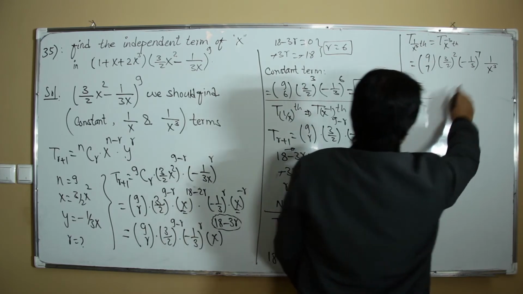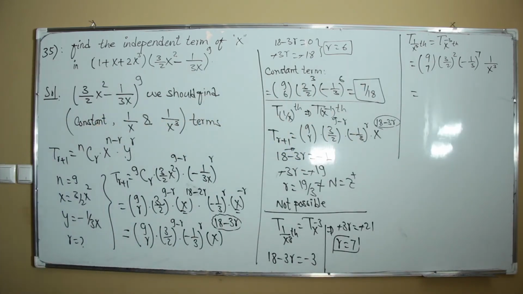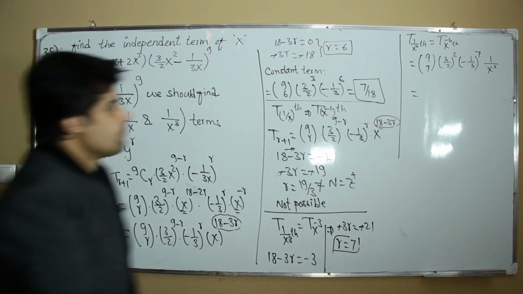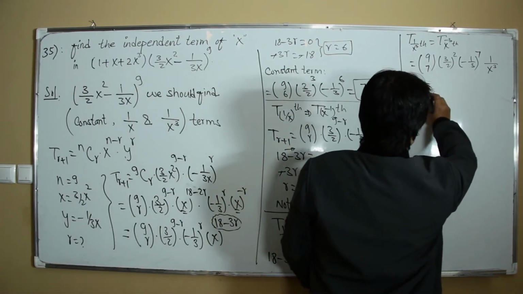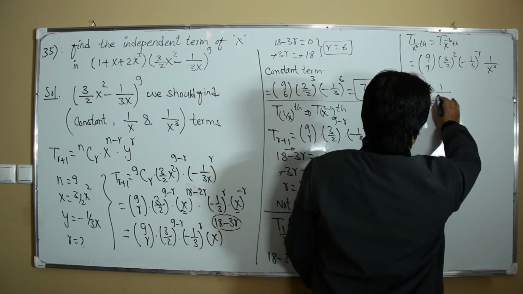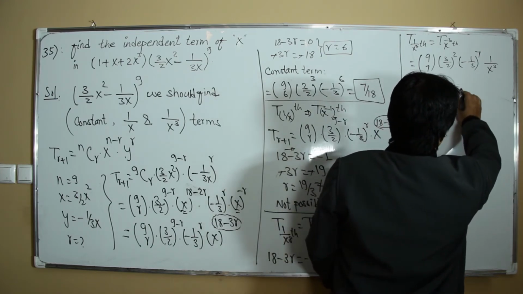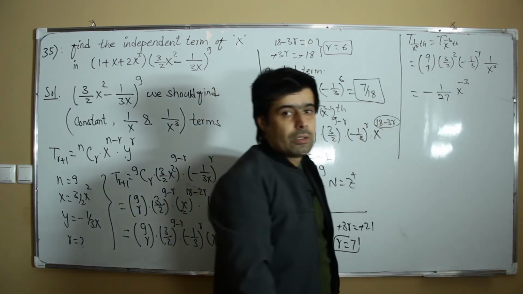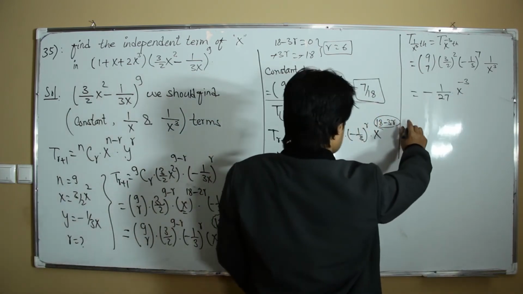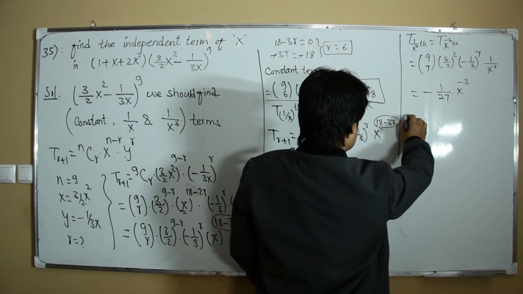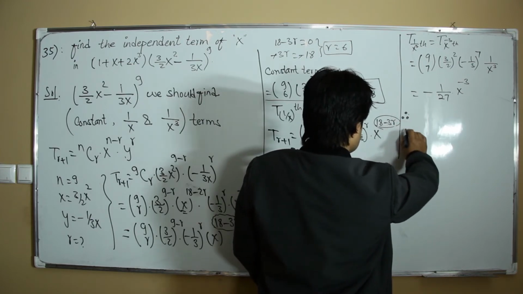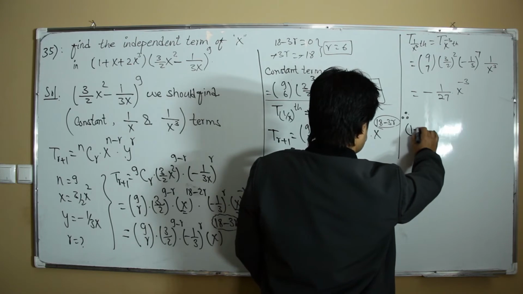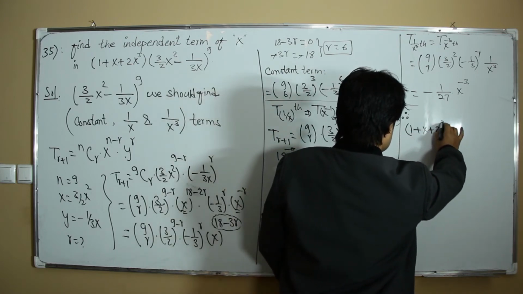Now, if you simplify this term, you will find minus 1 divided by 27, x to the power minus 3. So the first bracket is 1 plus x plus 2x cubed.